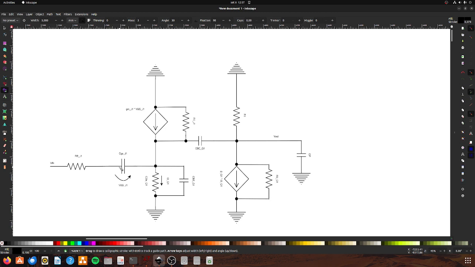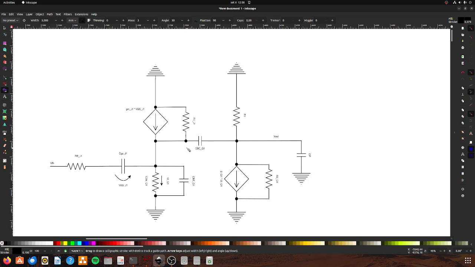And this is the gate resistance of the bipolar, seen in AC. This is the gate capacitance to ground, and this is the current source. This is the output impedance of J1. This will cause some undesirable effects on the gain, so this resistance over here will cause some distortions.